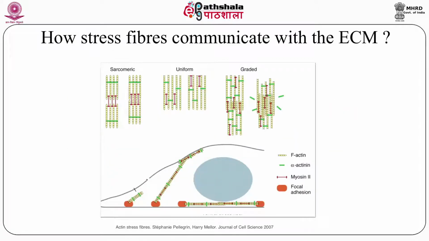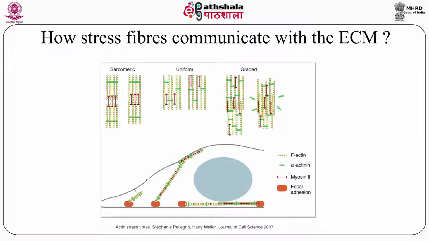Different types of actin polarity in stress fibers would exhibit different mechanical properties and enhance the repertoire of biological functions for a cell. You can see in this picture there are three models of stress fiber structure and contractility. The first one is the sarcomeric, the second one is the uniform, and the third one is the graded model.